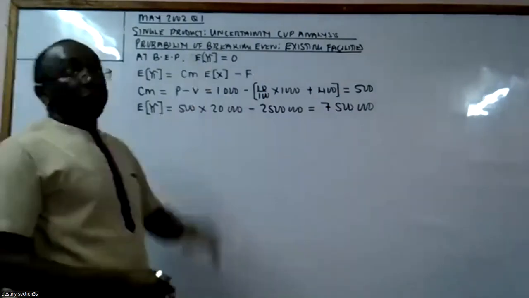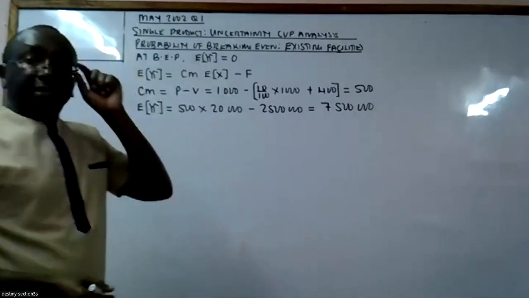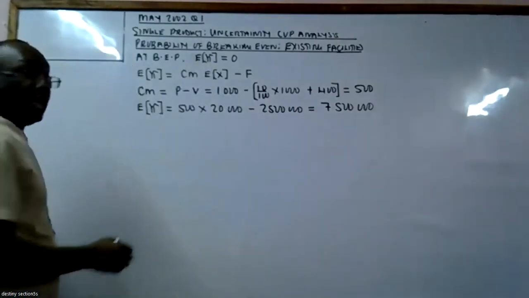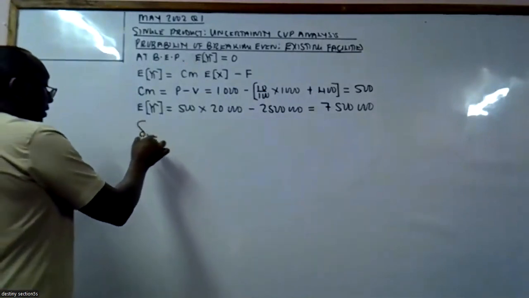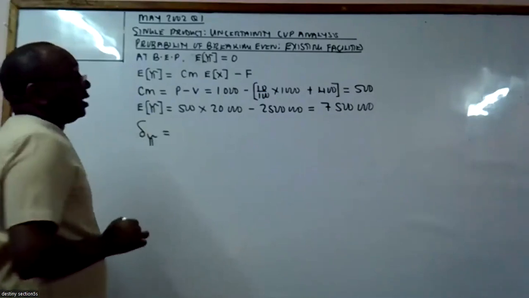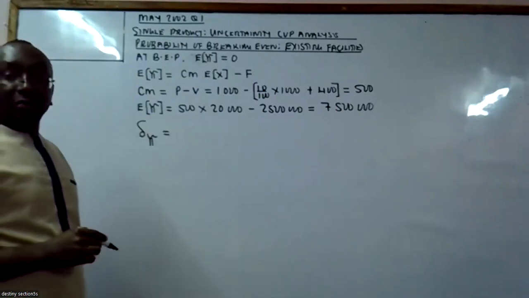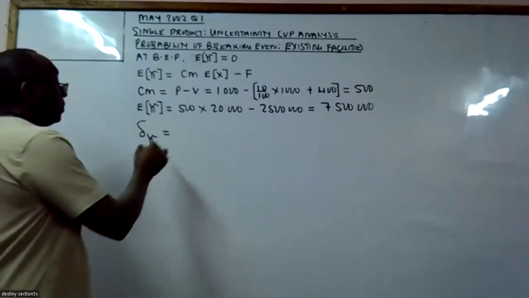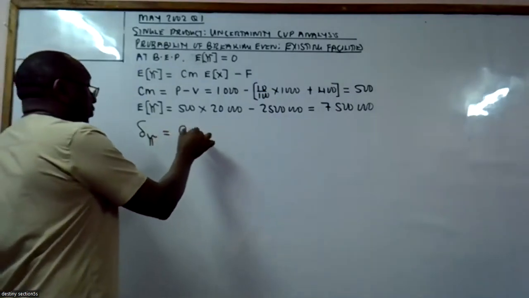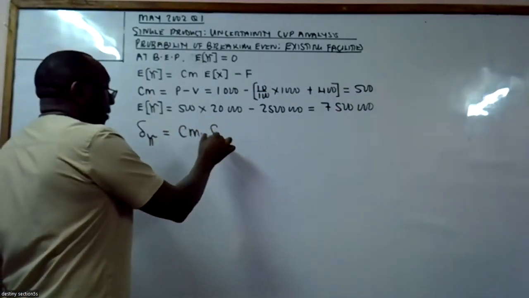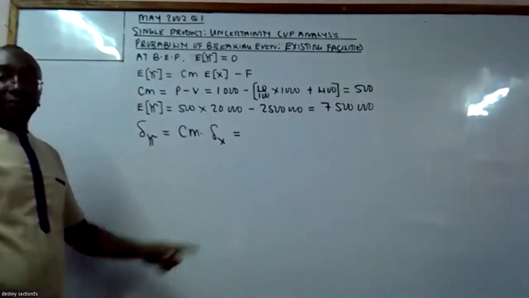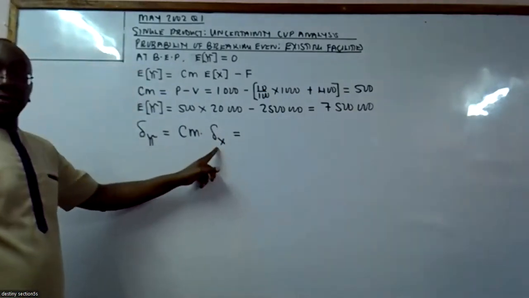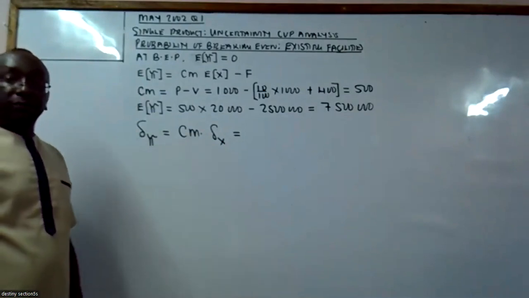Now, when you're looking for the probability, there is something else that you require to get: the standard deviation of the profits. The standard deviation of the profit is the contribution margin multiplied by the standard deviation of sales units, if you look at the symbols that I've given you.